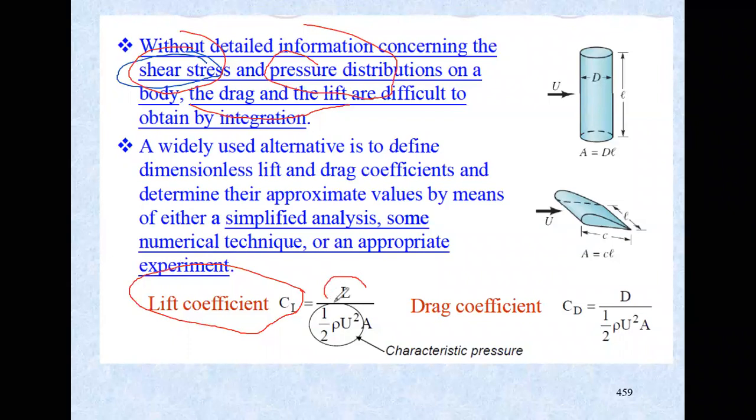So we know the lift, and then we also have what we call the characteristic pressure. So we introduce the lift coefficient, defined as the lift force divided by the characteristic pressure, or the drag coefficient as the drag force divided by the same characteristic pressure over here, rho u squared times the area.